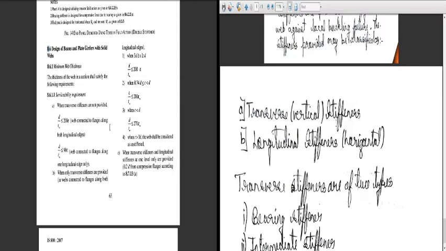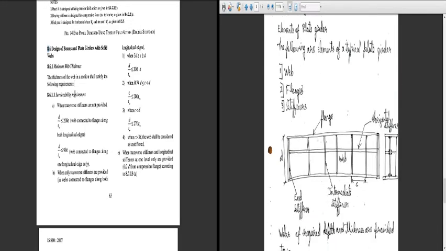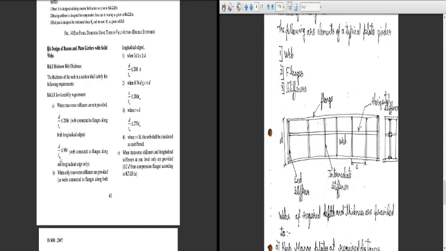So when it is not provided, then d divided by tw, where d is the depth of the web and tw is the thickness of the web. I will show you clearly in the cross section. So d is the depth of the web portion and tw is the thickness of the web.